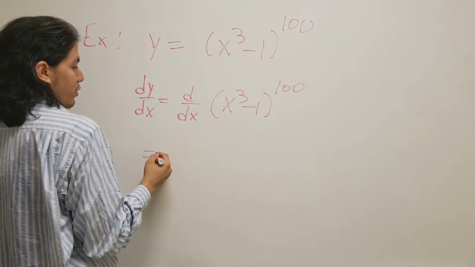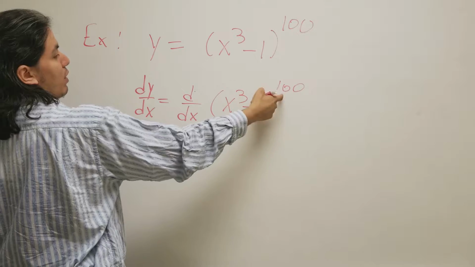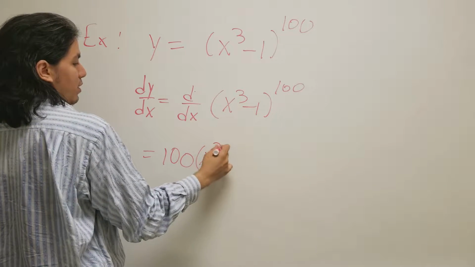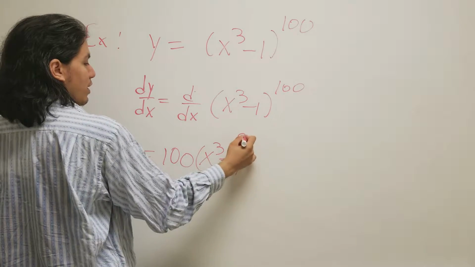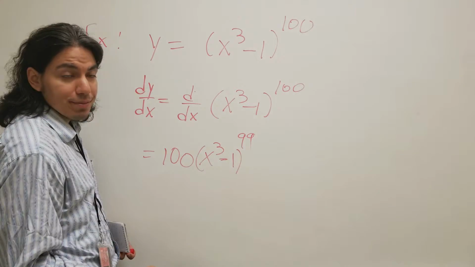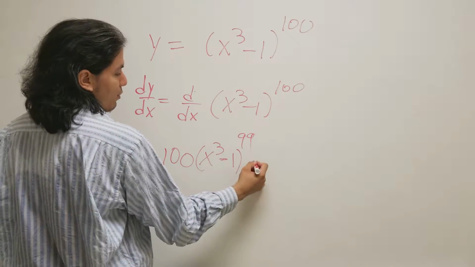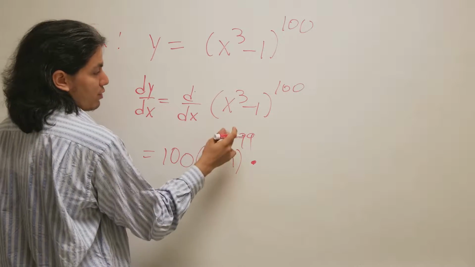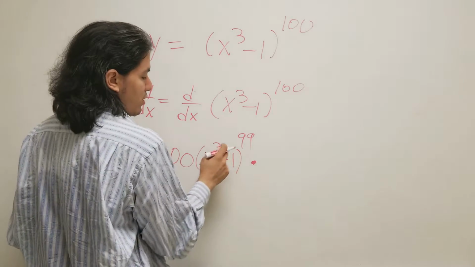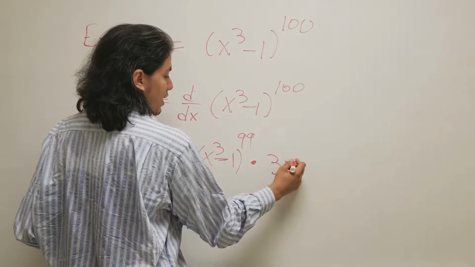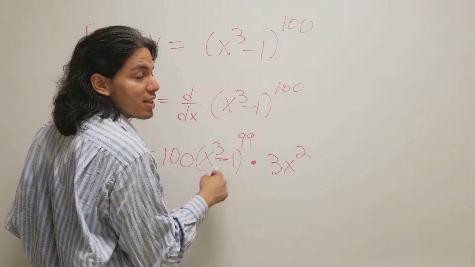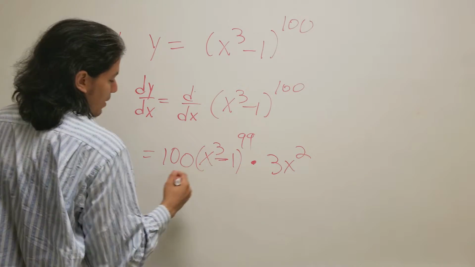Based on the power rule, I bring this number to the front and subtract it by 1, so I have 99. Then I have to multiply by the derivative of the inner function. What's the derivative of x to the third? That's going to be 3x squared. And there's no 1 because there's no constant. Well, constant has 0 slope. That's why they're not there.